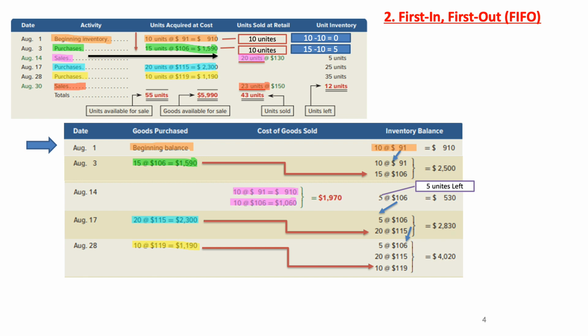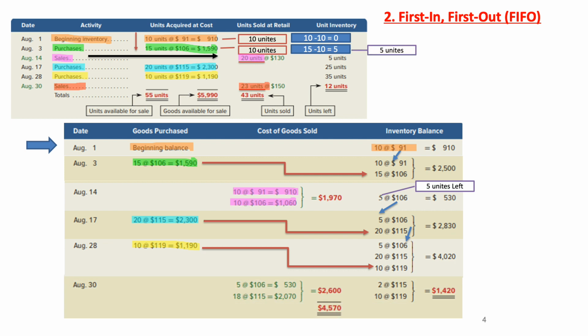So I'm going to take 5 units from the beginning inventory, from August 3rd purchases, and I'm going to take 18, and I'm going to record it here, 5 multiplied by 106. Why 5 multiplied by 106? Because I'm going to sell 5 units from August 3rd purchases, and the August 3rd purchases cost is 106. So that's why I'm going to take 5 multiplied by 106.